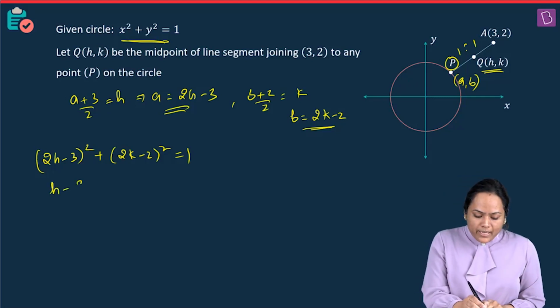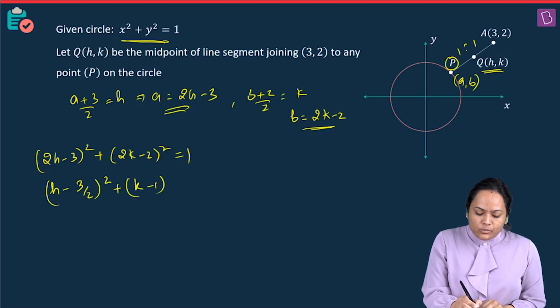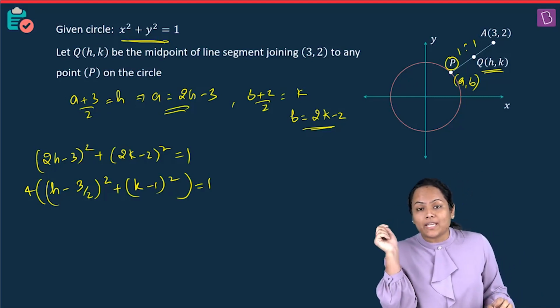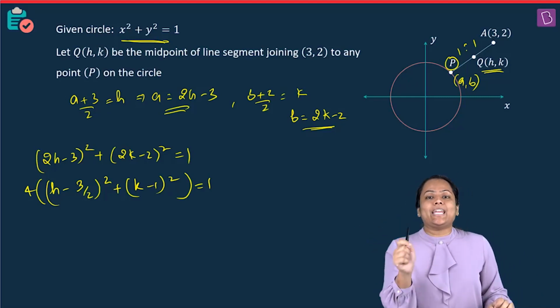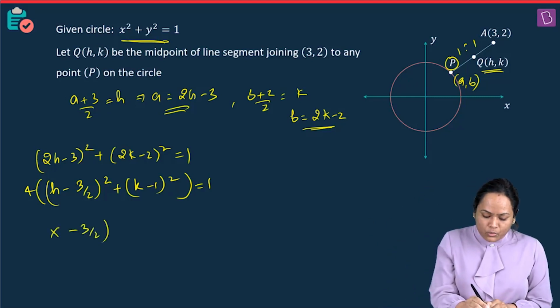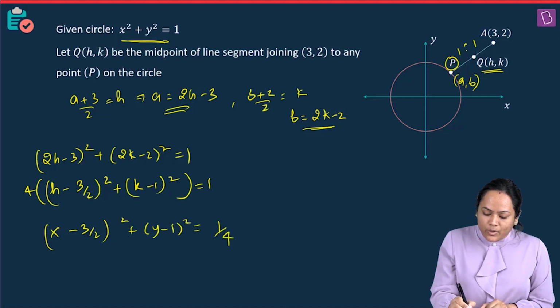So it's going to become h minus 3 by 2 whole square plus k minus 1 whole square multiplied by 4 is equal to 1. And can you see what the locus came out as? Yes, it came out as a circle. So the final locus will be x minus 3 by 2 whole square plus y minus 1 whole square is equal to 1 by 4.